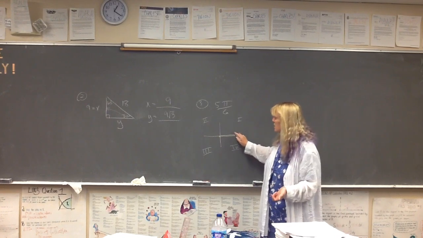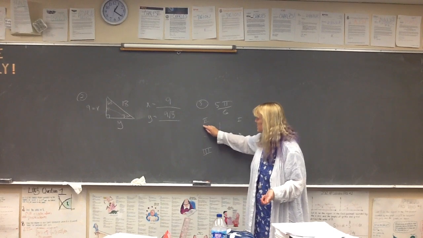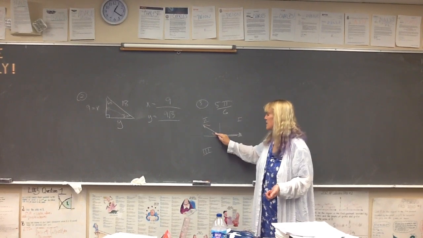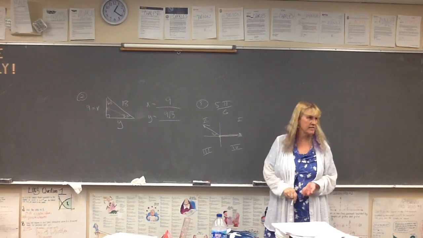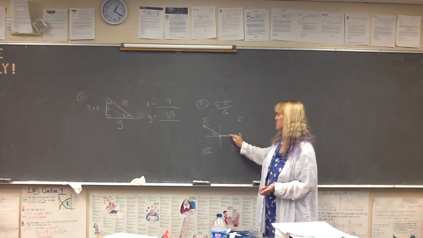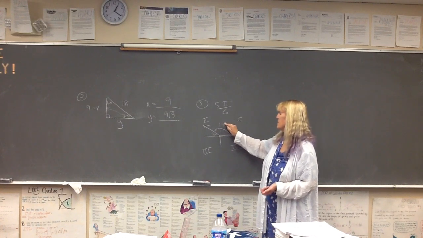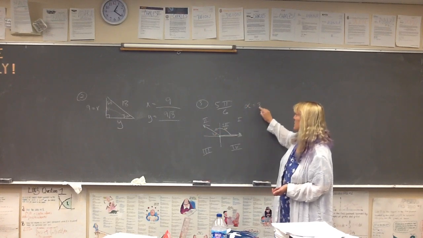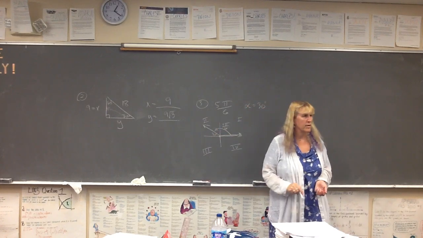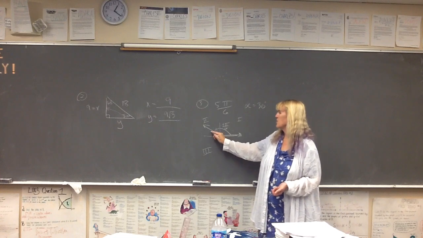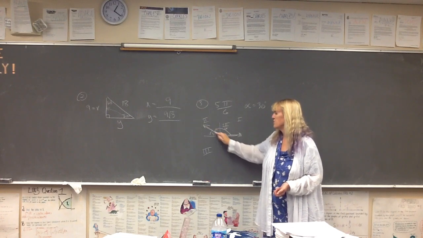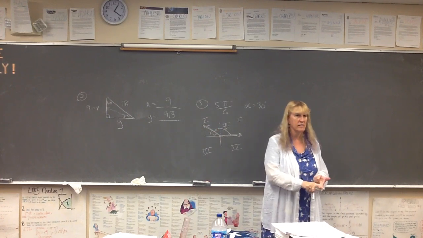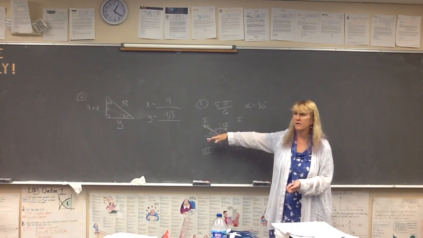So it's going to bring you all the way over here, and you're going to be 30 degrees shy of touching that other x-axis on the other side. This right here is 5 pi over 6, and my alpha is 30 degrees for my reference angle. Your reference angle is always formed with the terminal side and the closest x-axis, which would be the one right next to it.